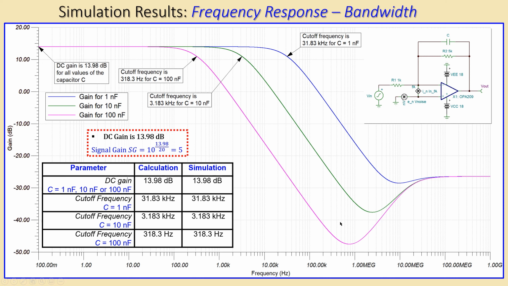But around 1 megahertz for the pink one, and a little larger for the others, it starts to increase due to some zero in the system, which is the effect of the op-amp and all the components around it. So it is actually a second order effect which we haven't discussed, and we haven't seen this in our model. And then it will approach a constant value.